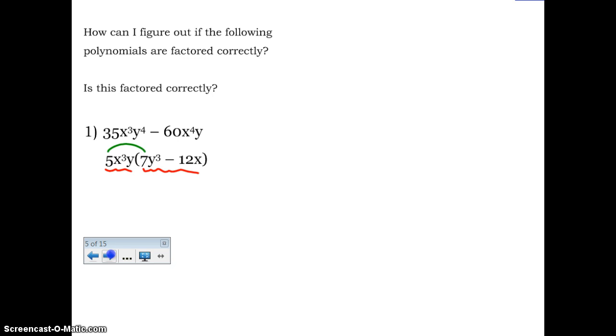So 5 times 7 is 35. Okay, x cubed. There's no x in 7y cubed, so that's going to remain x cubed. And then y times y cubed is going to be y to the fourth. So when we multiplied this times this, we ended up with this.